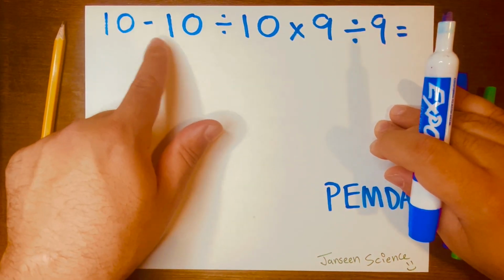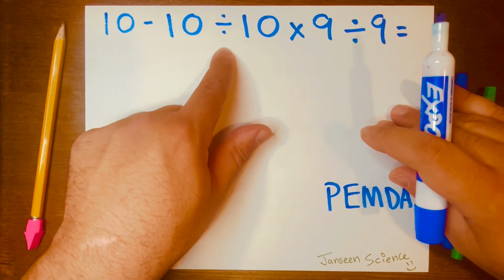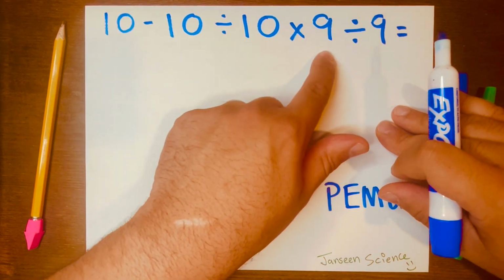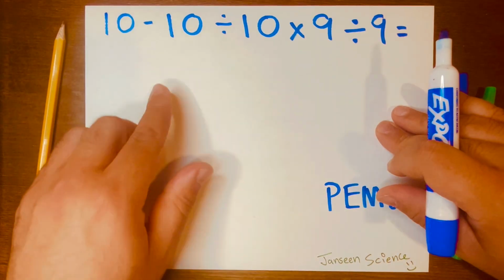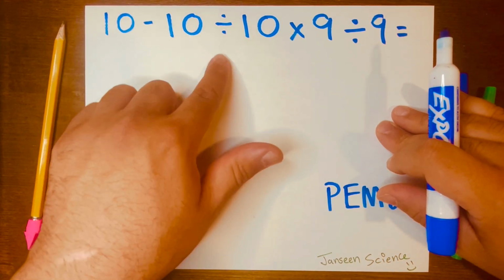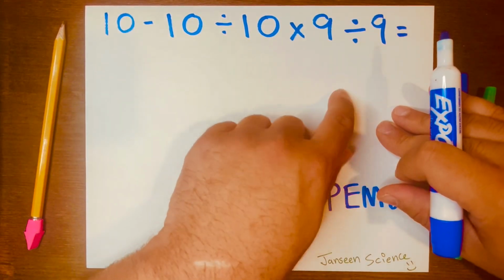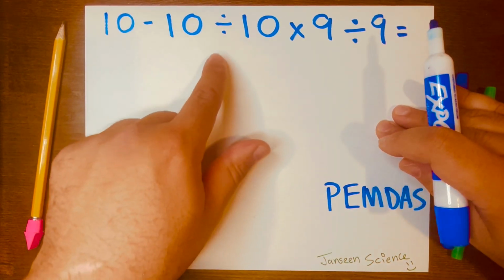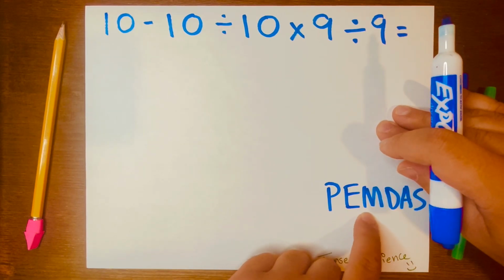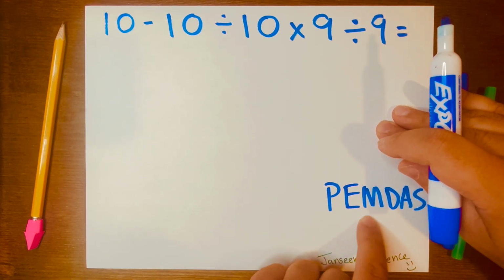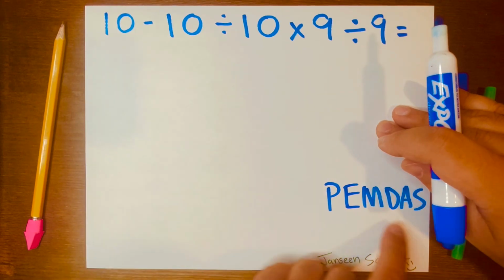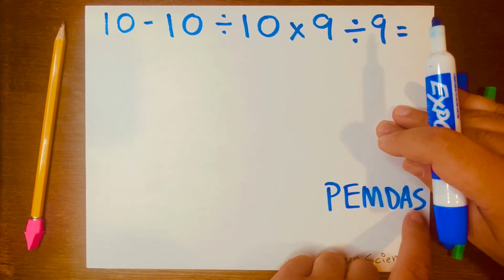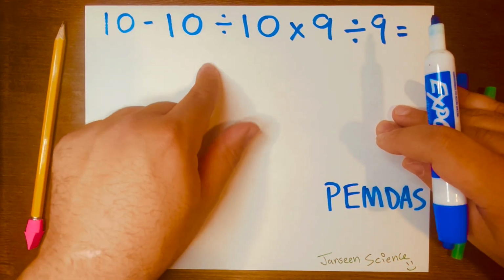So we have 10 minus 10 divided by 10 times 9 divided by 9. First, we look at the operations, of course, and then we'll start working with multiplication and division because they're top priority in PEMDAS before addition and subtraction.